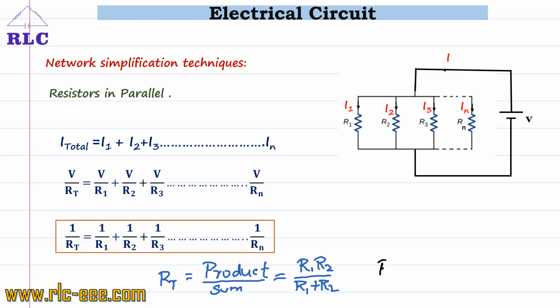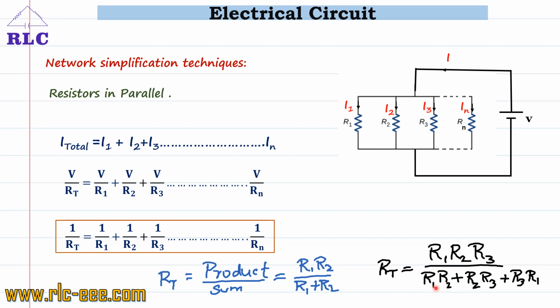If you have three resistors, R total can be written as R1 R2 R3 in the numerator, but the denominator is in algebraic cyclic order: R1 R2 plus R2 R3 plus R3 R1. It should be in the cyclic order. So this is a shortcut method to find the value of total resistance if the resistors are connected in parallel.